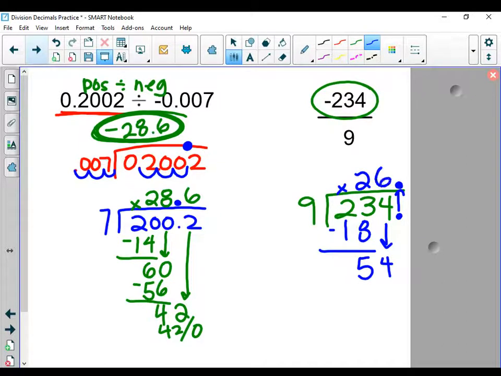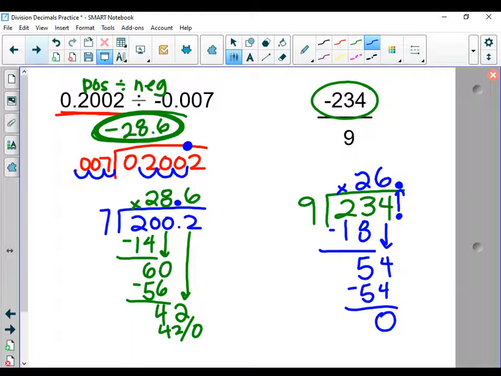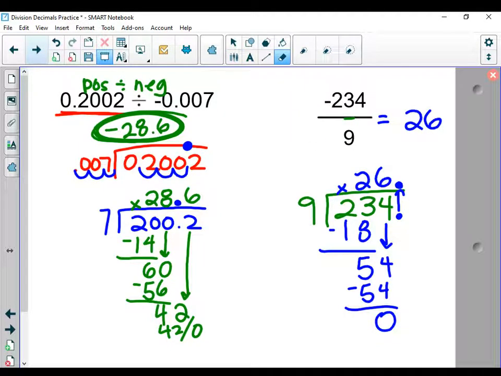Yes. 6 times. Am I done? Looks like it. It's a whole number, 26. But wait, a negative divided by a positive is a negative.